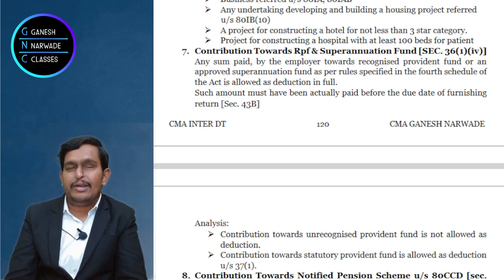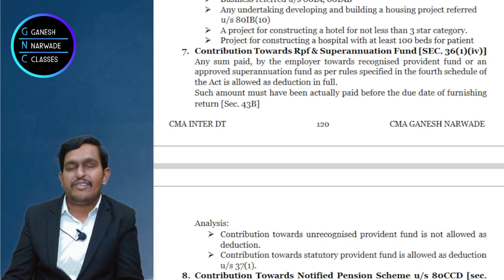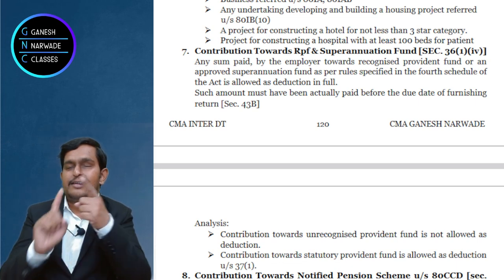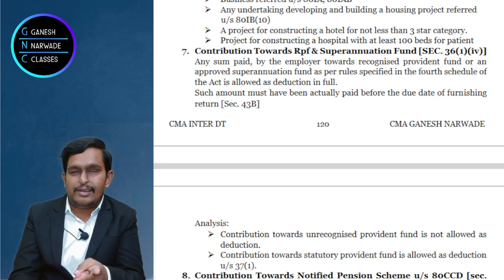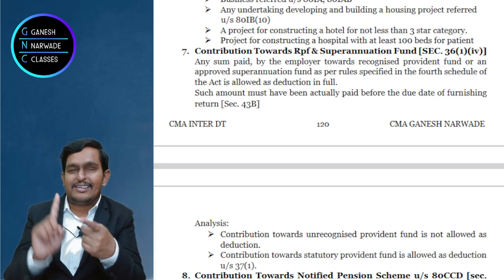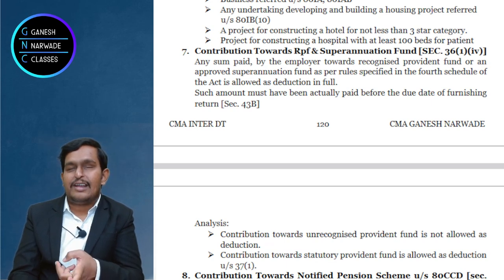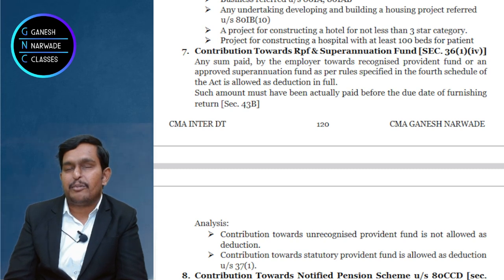Okay. Similarly, the employer may contribute to the new pension scheme or notified pension scheme under 80CCD. Now, what are notified under 80CCD? Central Government Health Scheme, CGHS, Atal Pension Yojana, right? Or NPS. These three are mentioned under 80CCD.